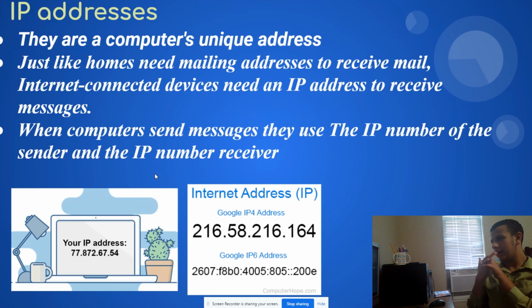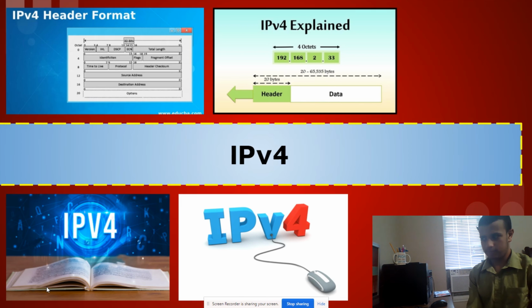Cool. So let's talk about different ways of uniquely identifying computers with numbers. We can start off with IP version 4. Keep in mind, IP version 4 came out way back in the early days of the internet, and so they wanted a temporary solution that would work for their time.